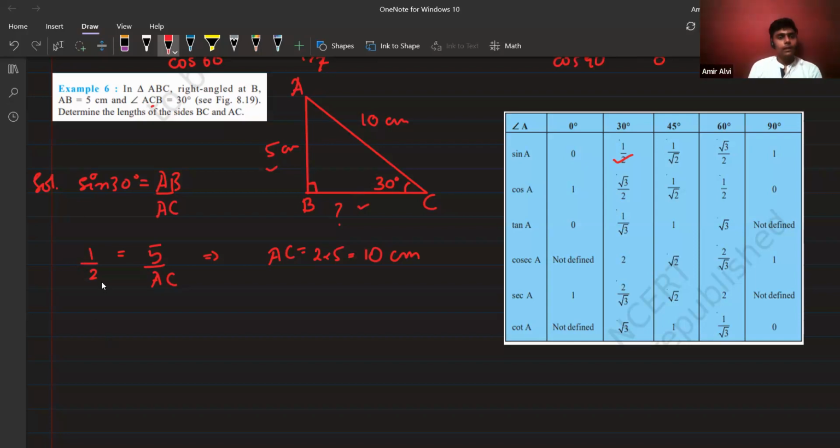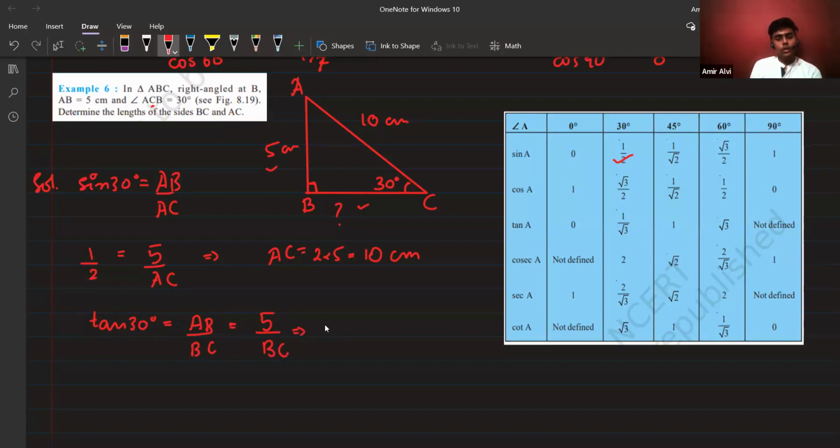Okay, let's take tan theta. Tan 30 degree will be equal to AB upon BC. Am I right or wrong? What is the value of AB? 5. We have to find the value of BC.